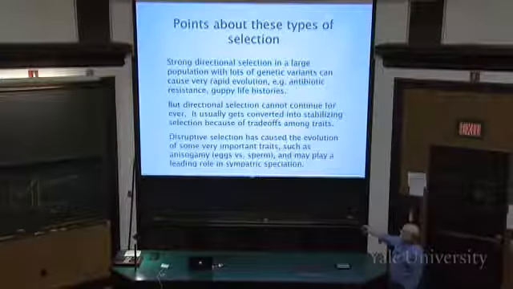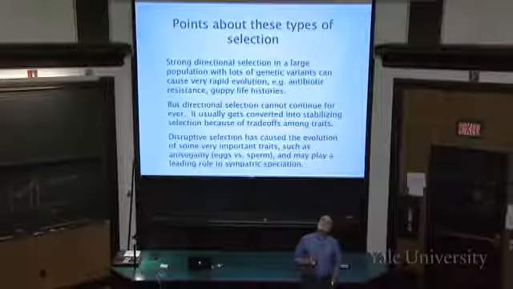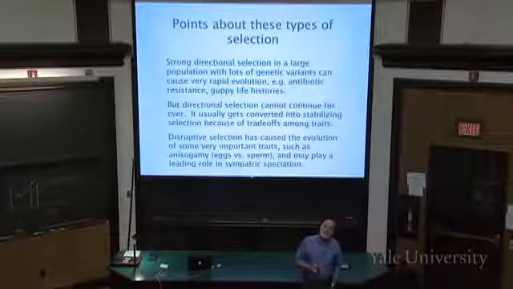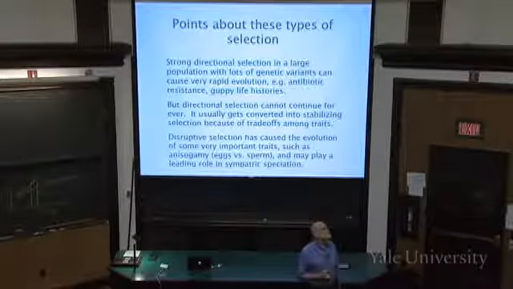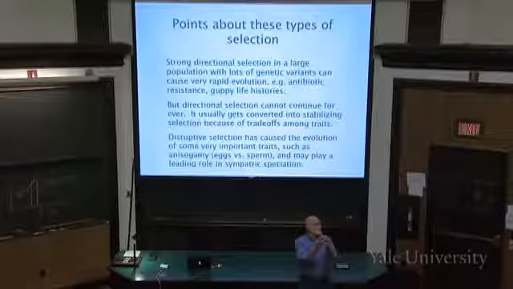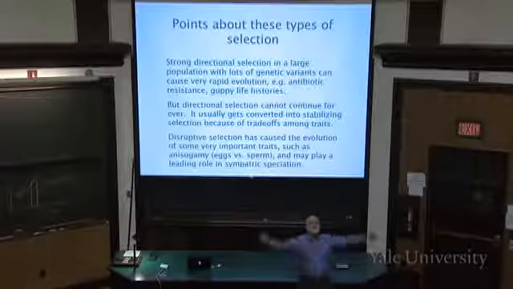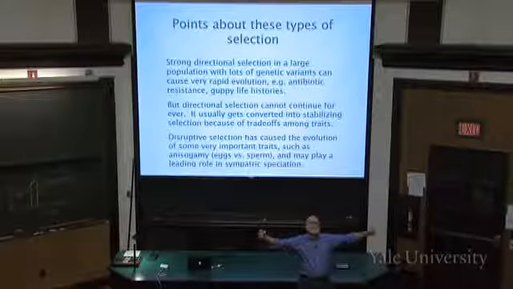And it may play a role in sympatric speciation, which we will come to probably in mid-February. So just remember that. Disruptive selection is selection to take a population that has a certain mean value and split it in half and turn it into two different things.